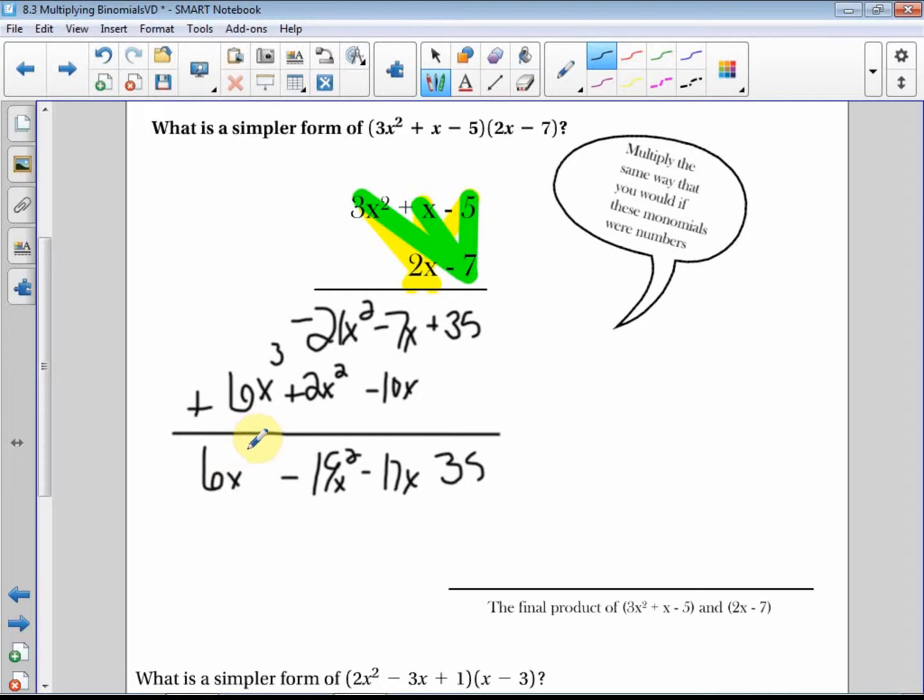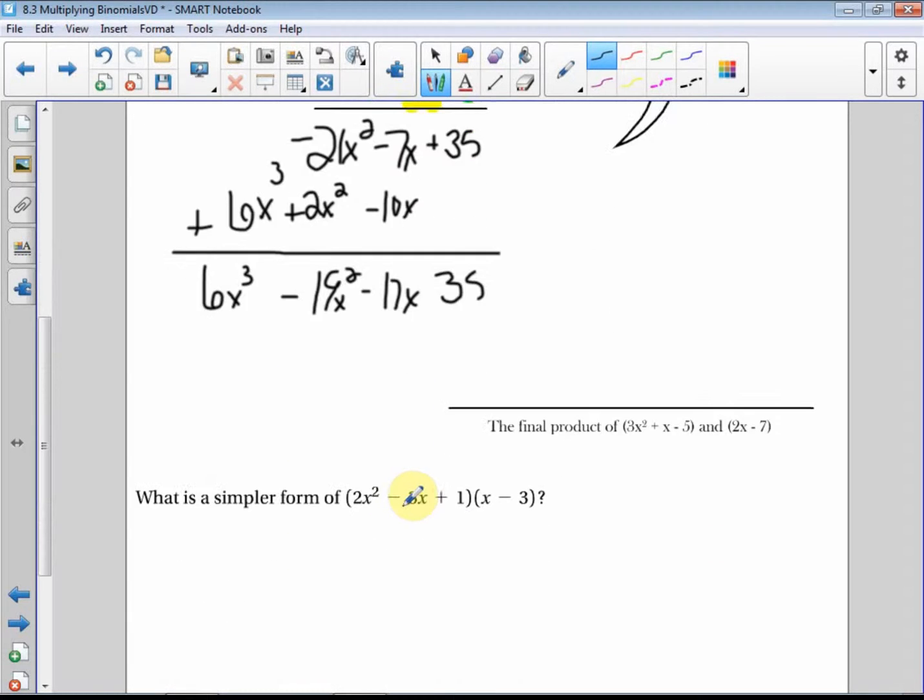So we'll leave that as 6x cubed. There, we multiplied vertically. So our final product, 6x cubed minus 19x squared minus 17x plus 35. It's nice and cleaned up. It's in standard form. I have no like terms to combine, so I am all set there.